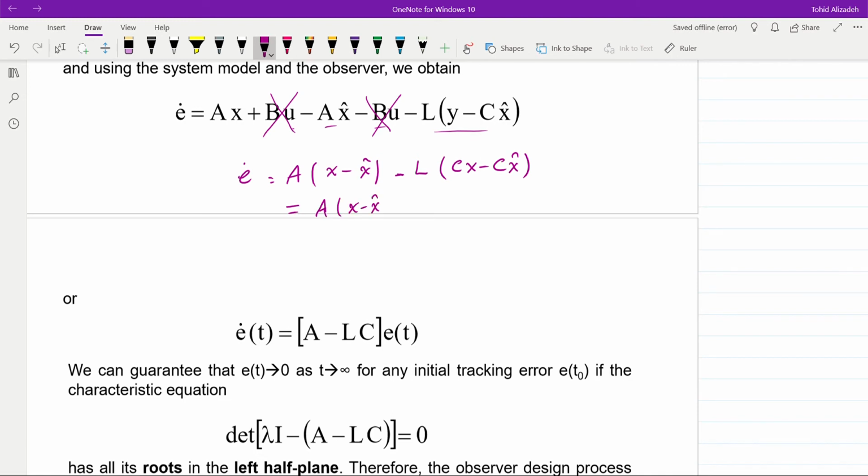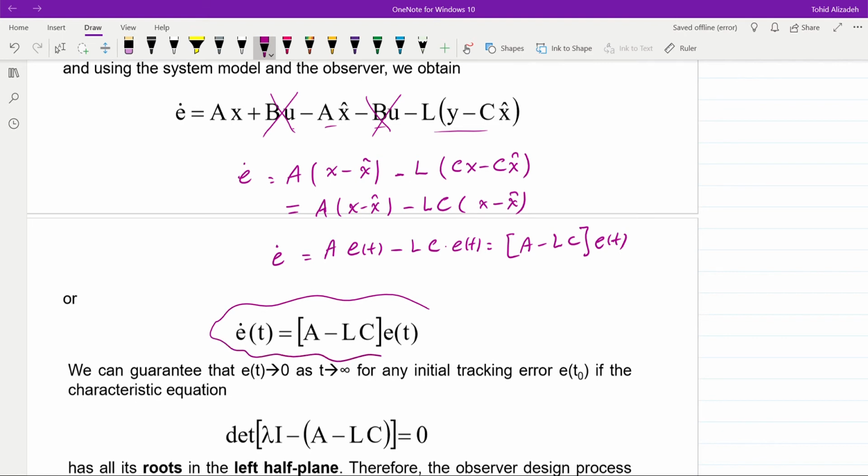And we know that x minus x hat is e, so we will have e dot equal to A times e minus LC times e, so we can rewrite it as A minus LC times e of t. And you can see it over here. So e dot is equal to A minus LC times e of t.